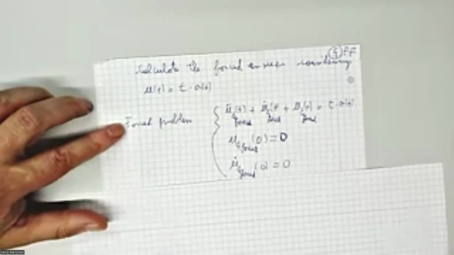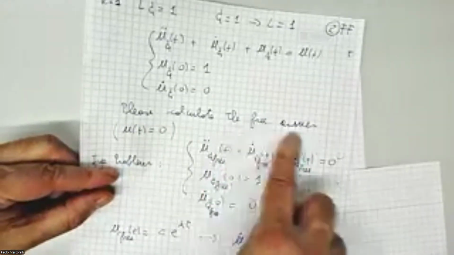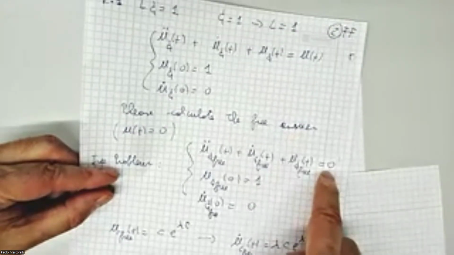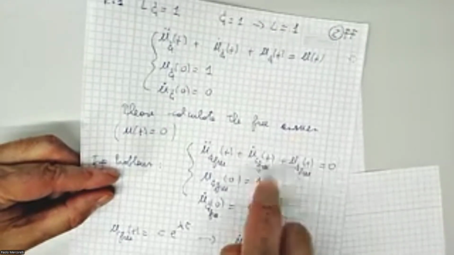We analyzed here last time. We concluded the analysis of the system here, which came from just analyzing the free answer. Free answer, do you remember? 0 as u of t, and I activate the initial conditions.